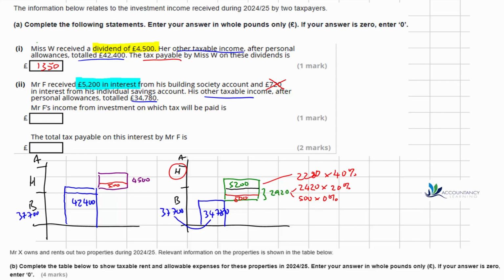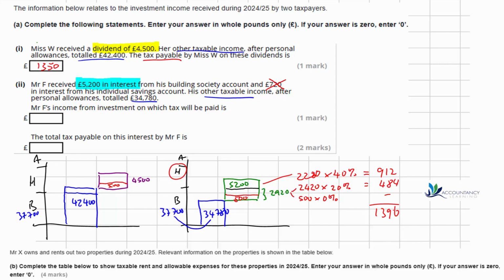So when we multiply the amounts by the rates, the 2,280 times 40% is going to incur £912 of tax. And then in the basic rate, we've got 2,420 times 20%, so that will incur 484 of tax. And then we have 0 for the allowance, so that gives us 1,396 in total.